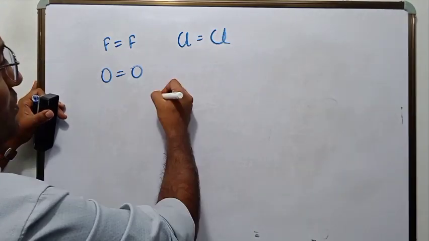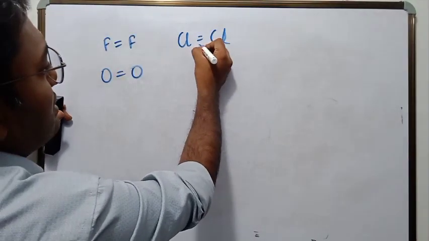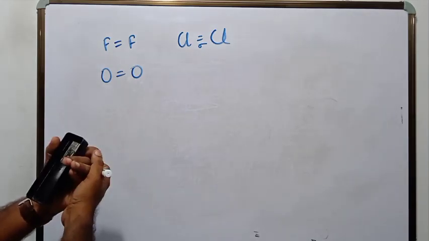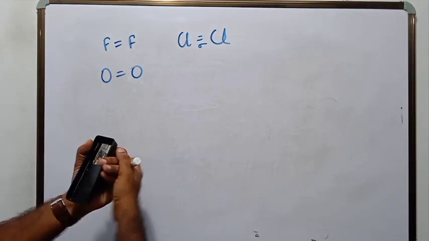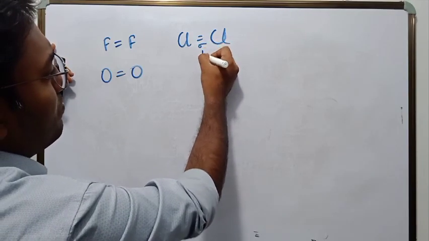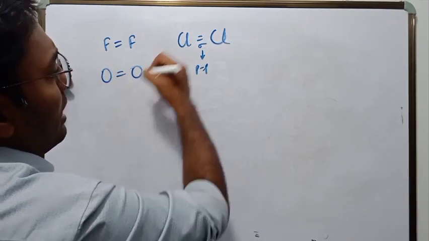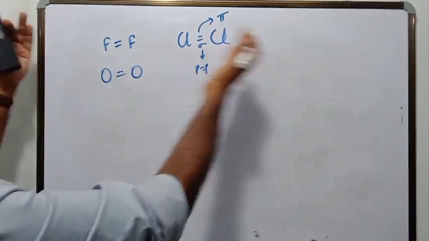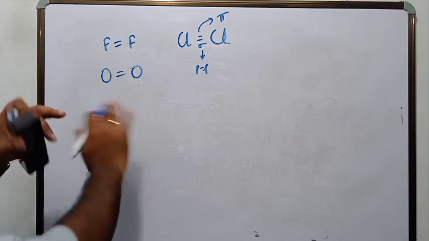One is a sigma bond because of pp head-on overlap, and one is a pi bond because of pp sideways overlap. This does not require hybridization.